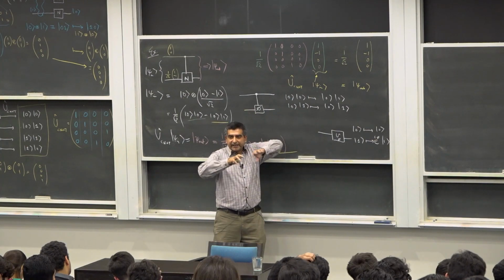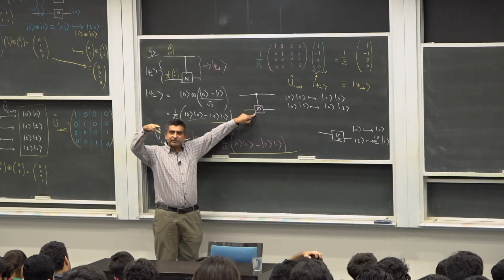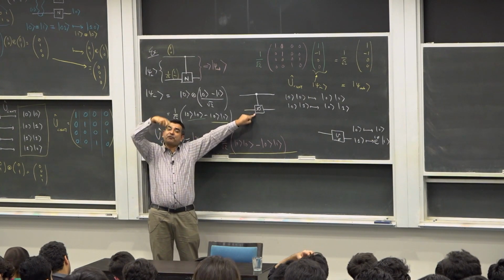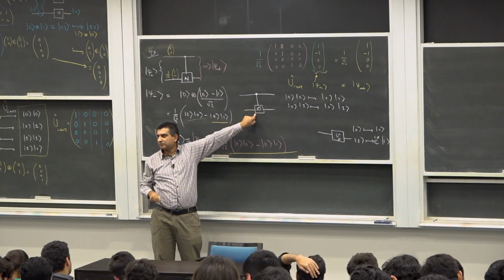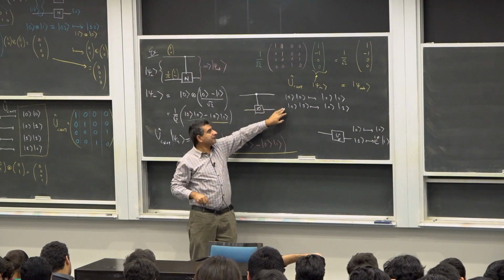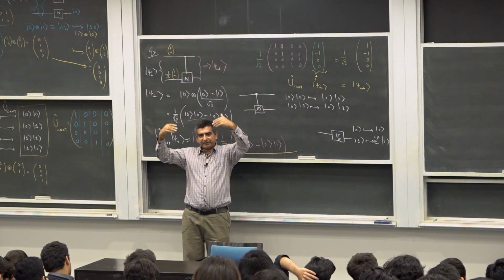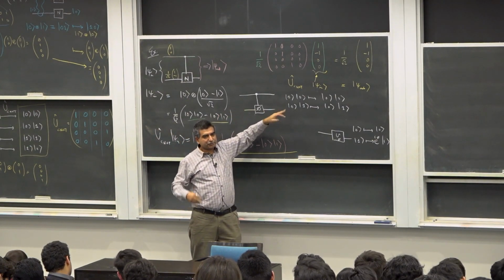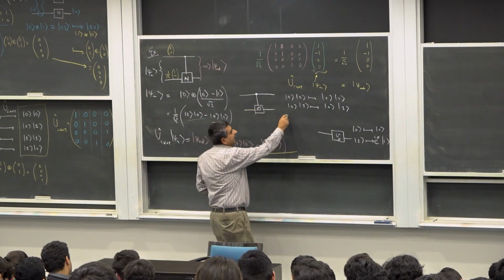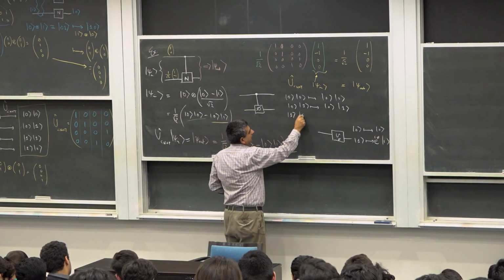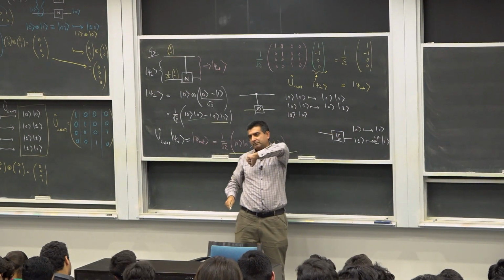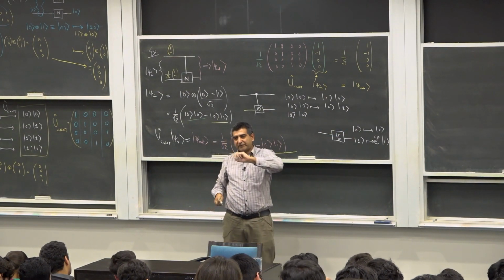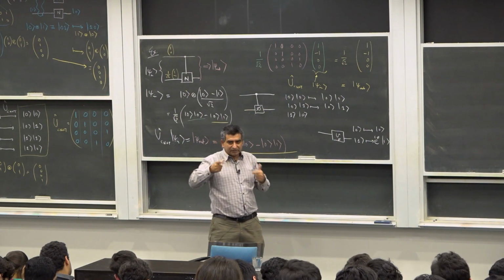So this gate now acts exclusively on the second qubit provided the first qubit is in a state ket 1. So nothing happens to the second qubit if the first qubit is in ket 0. So these are the first two terms of the truth table. If the first qubit is in ket 1 and the second qubit is in ket 0, still nothing happens because the phase only appends to the ket 1 state.